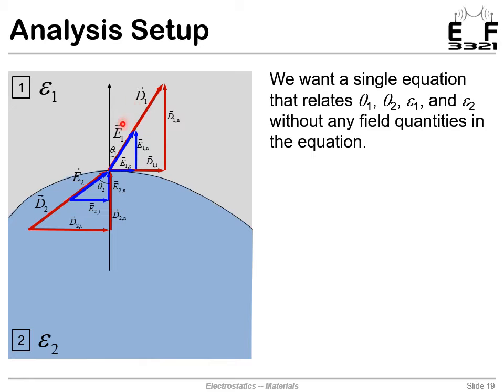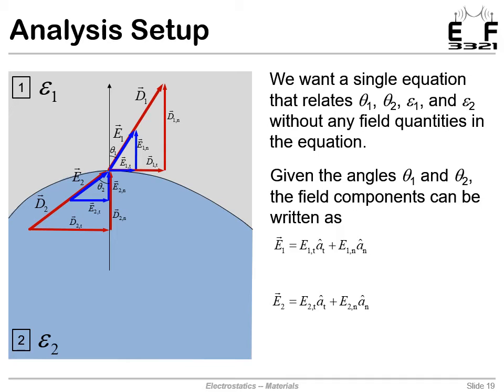E1 and D1 are always in the same direction because they're related through the constitutive relation D equals epsilon E, and epsilon for isotropic materials is just a scalar. So D and E are always in the same direction, so they have the same angle. I can say the same thing about D2 and E2. They're in the same direction, so they have the same angle, and that angle theta 2 is also measured off of the surface normal.